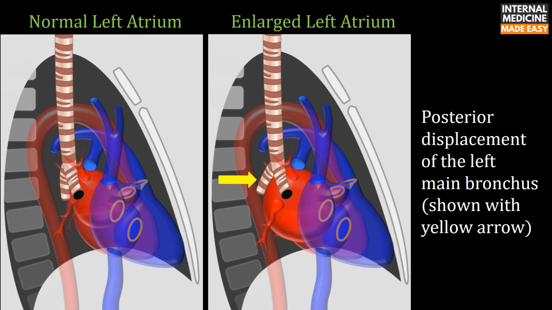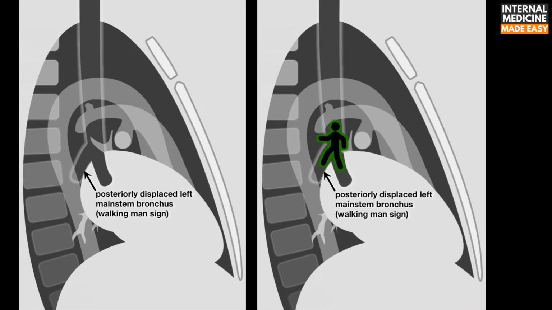The left one has a normal left atrium and the right one has an enlarged left atrium, where posterior displacement of the left main bronchus is shown with the yellow arrow. Here you can see a posteriorly displaced left mainstem bronchus, which indicates the walking man sign.